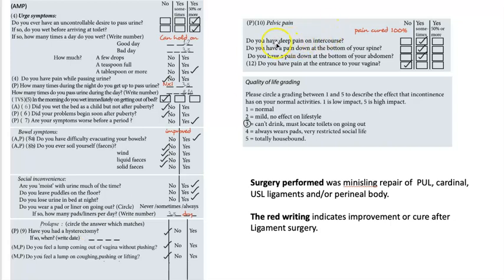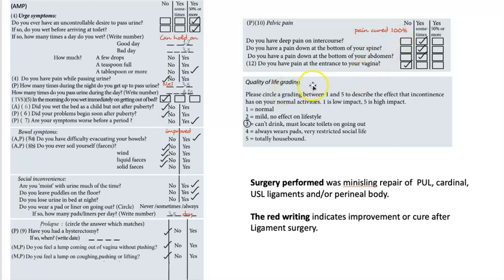Over here, pelvic pain, again, there are 4 main questions here. And as you can see here, this patient, the pain was cured 100%. Usually there is some sort of improvement, not always 100%.